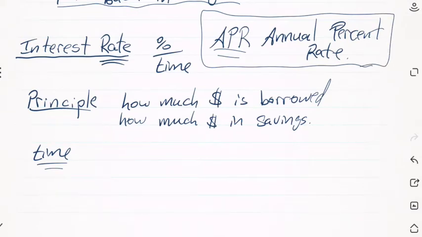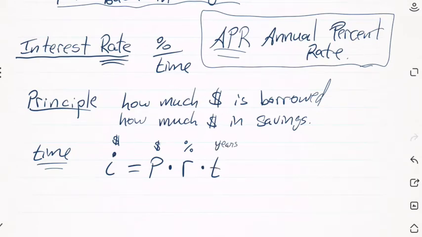So putting these all together, we have interest, we have interest rate, we have principal, and we have time. That's going to give us a formula. And the formula is interest, now this interest is the money one, is equal to principal, which is also money, times R. This is always that APR or the interest rate, times time, and this is usually in years.